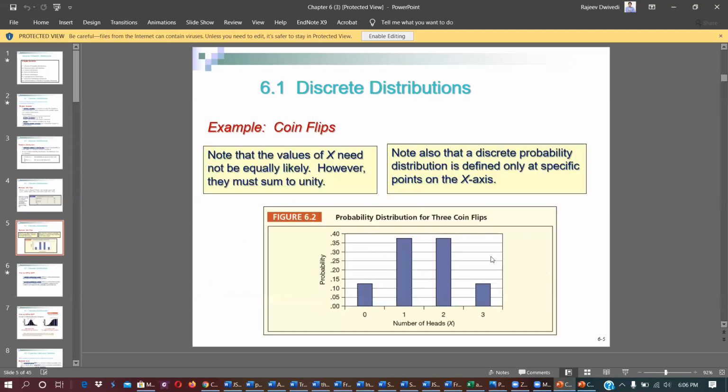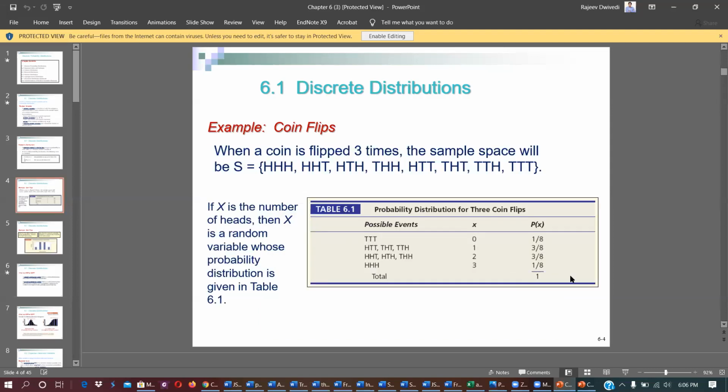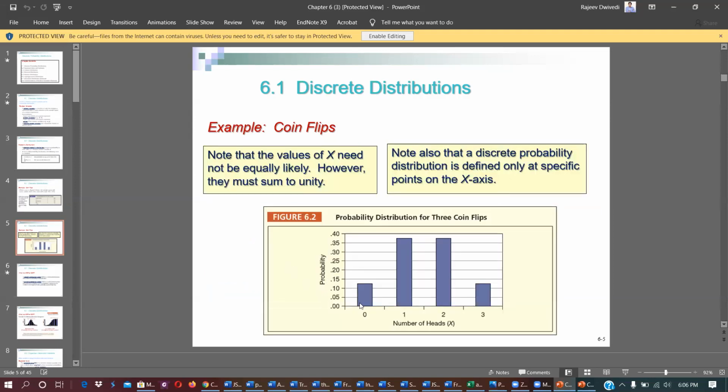If you see the distribution of tossing 3 coins and finding heads, this is the probability distribution. 0 heads, 1 event, and its probability is 12.5. 1 head, 3 events, and 37.5. 2 heads, 3 events, again 37.5, and the third case where all are heads, which is 12.5. So this is called a probability distribution.